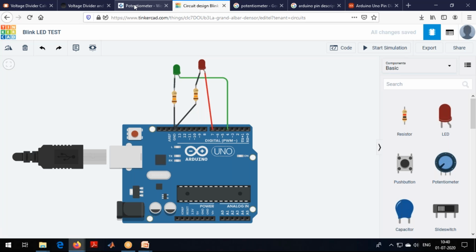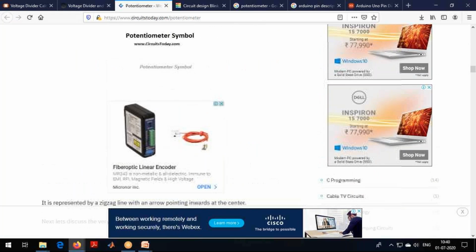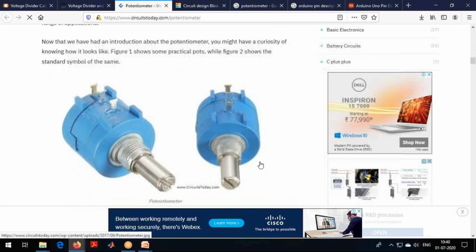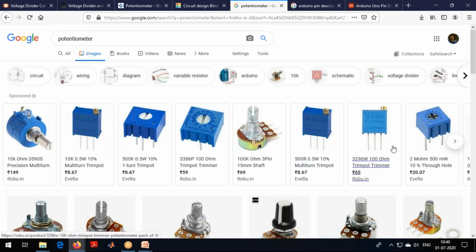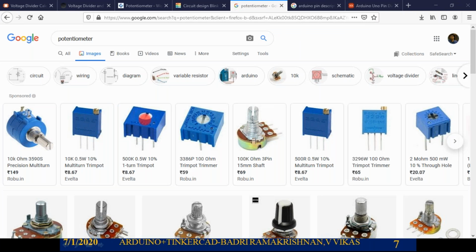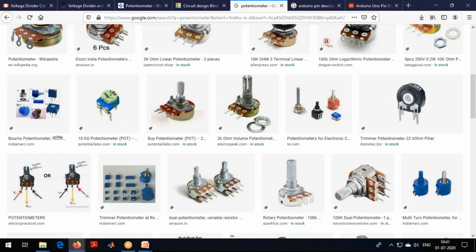Then we'll go with potentiometer. Basically, potentiometer will be something like this, or maybe something like this. Different varieties, and you can see some kind of pin over here, or a white colored one over here, or a knob over here. So with these, we can change the resistance.